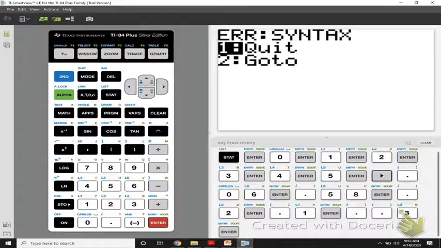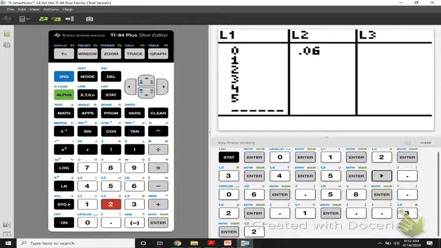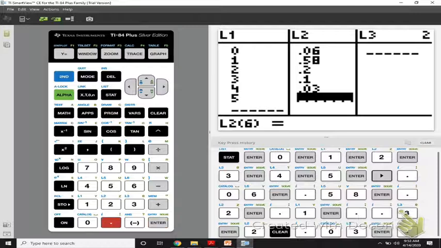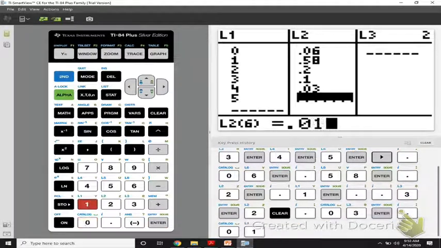Let me go to my error there. Clear. 0.03 and 0.01.